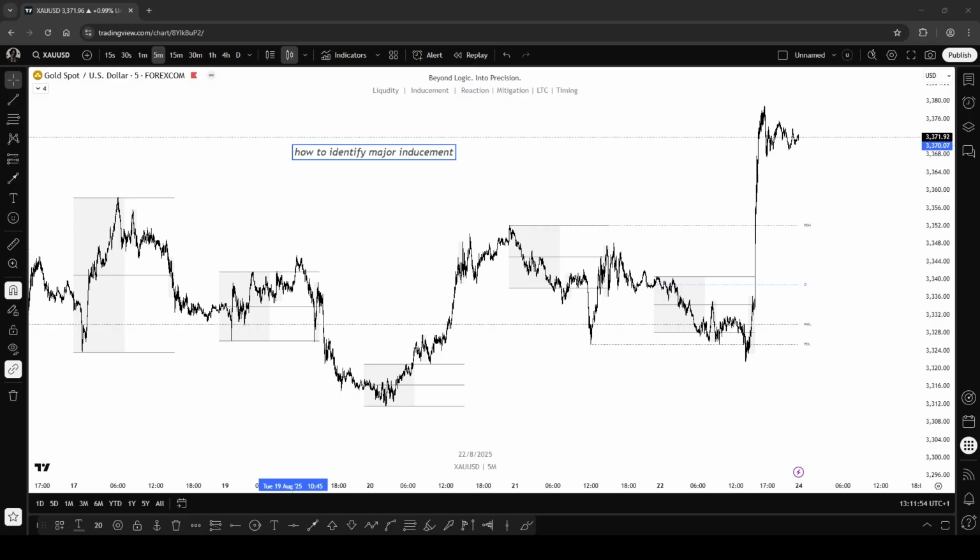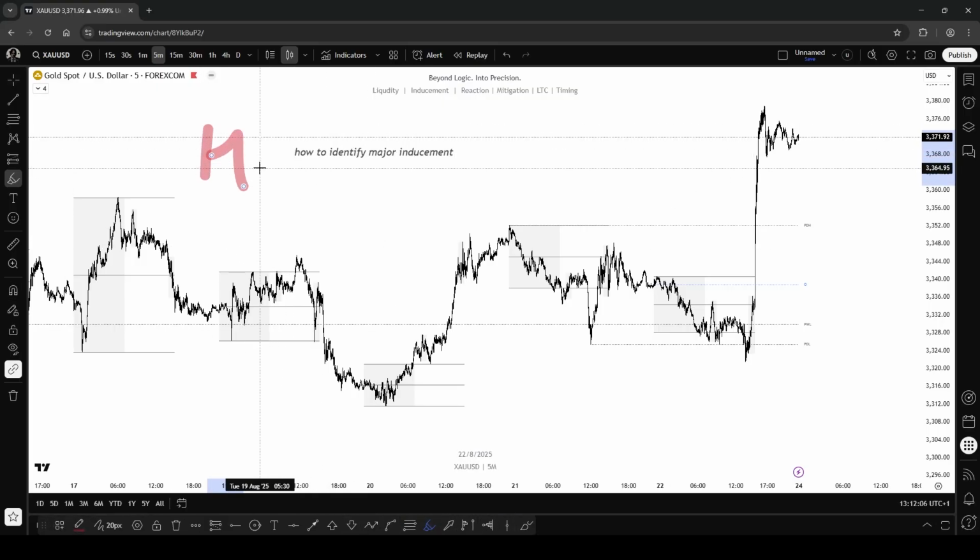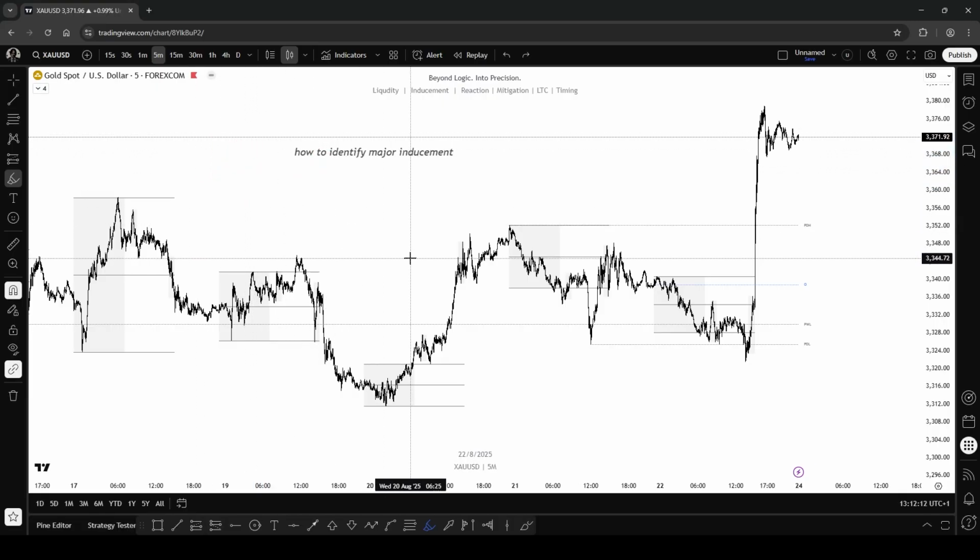Most major inducements often happen when we take a high time frame liquidity point, right? I don't really call them major, medium, minor, but just to give you an idea, for me, if any liquidity is above H1 and we induce that, you can say that's a major inducement. H1 to M15, that's pretty much your medium.